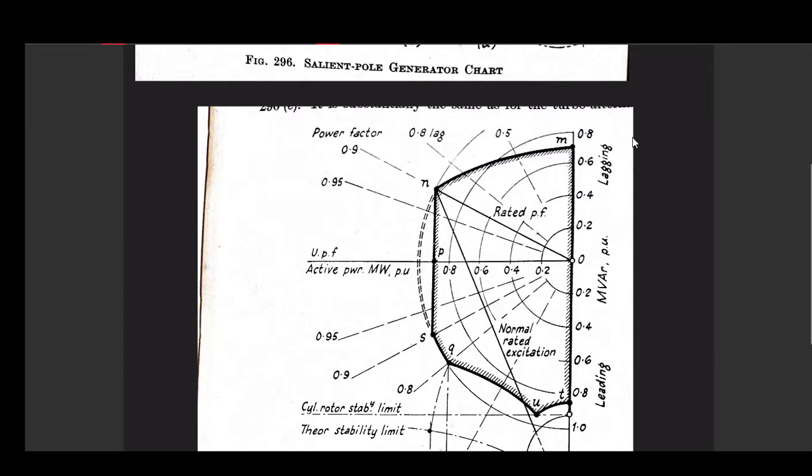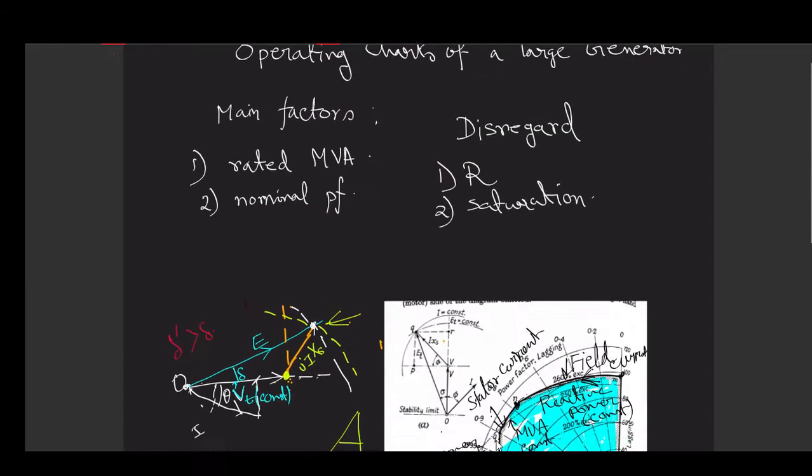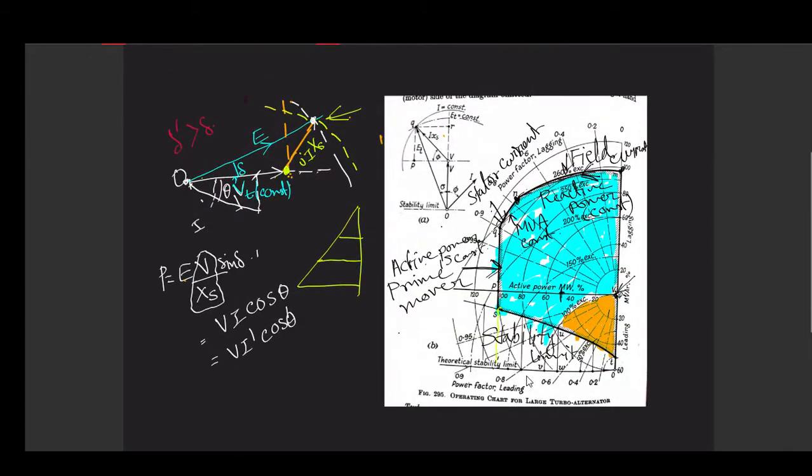For your reference I would like to go back to that. Here you can see that this is the constant power limit imposed by the prime mover.